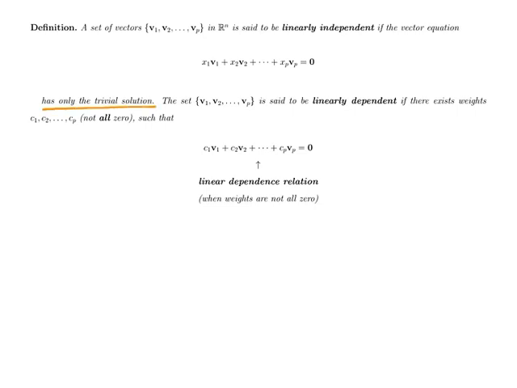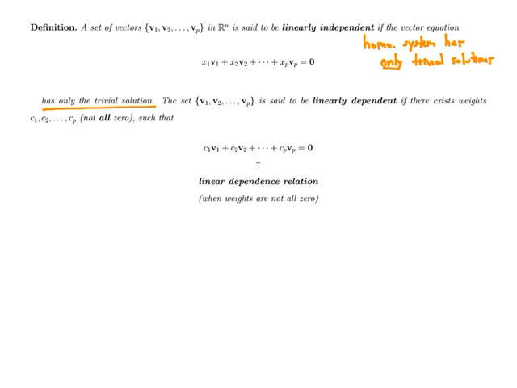So when we're talking about linearly independent, we are saying that the homogeneous equation has only the trivial solution. There are no non-trivial solutions if we have linear independence of those vectors.